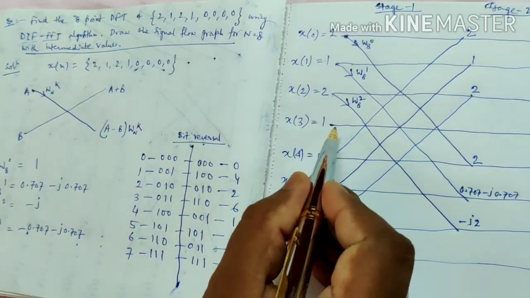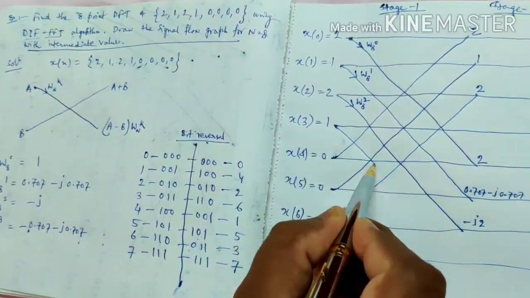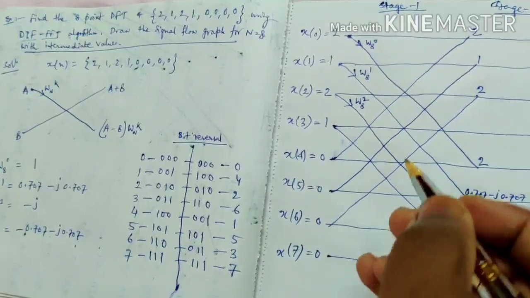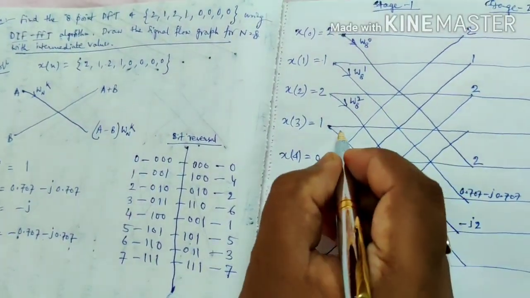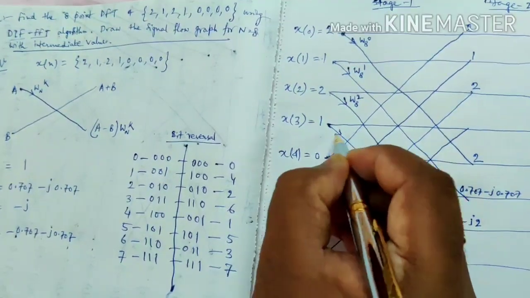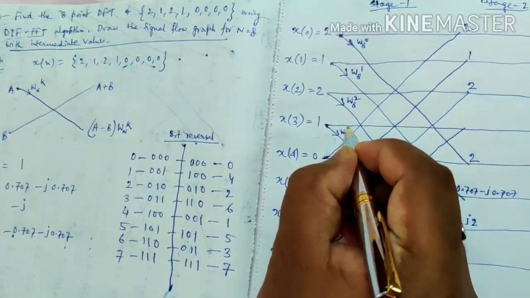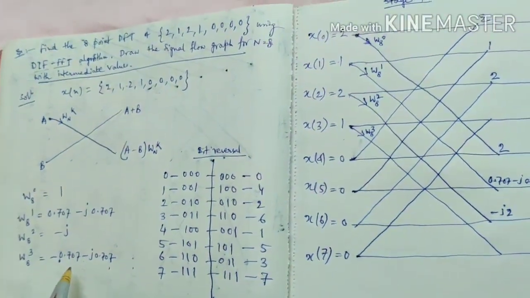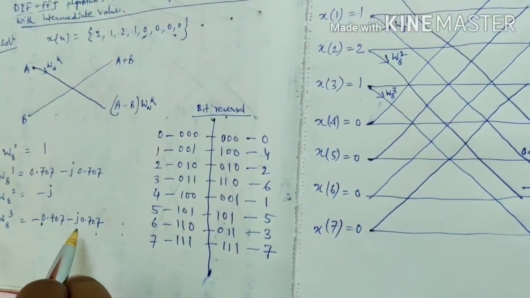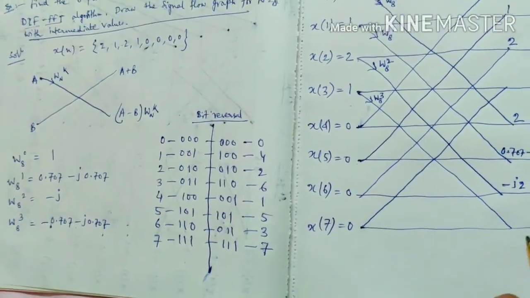And similarly for the last case, the twiddle factor is omega 8^3, that value will be minus 0.707 minus j 0.707.